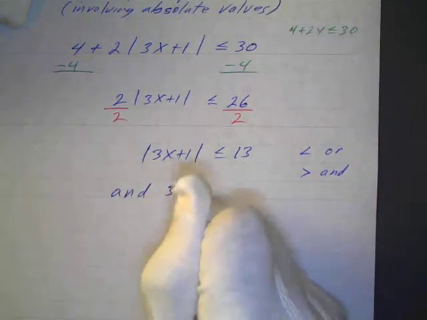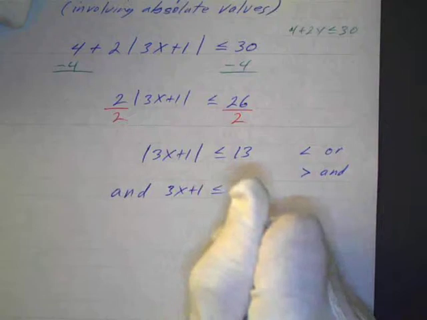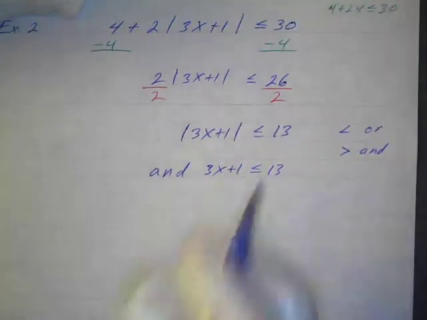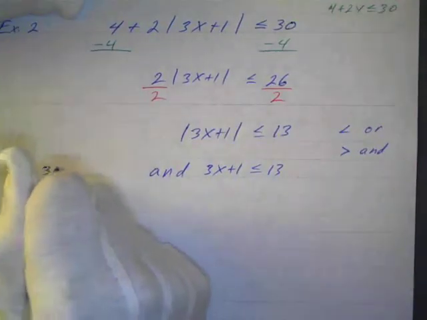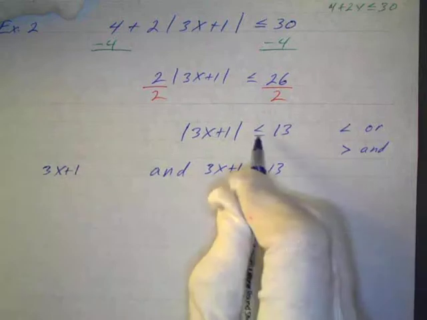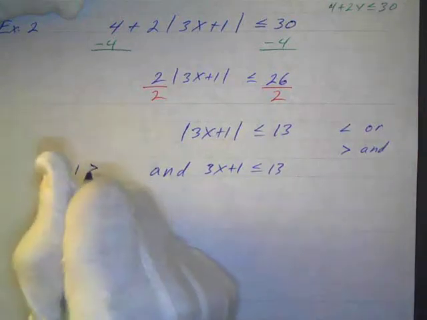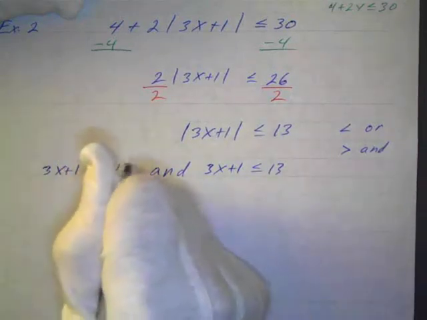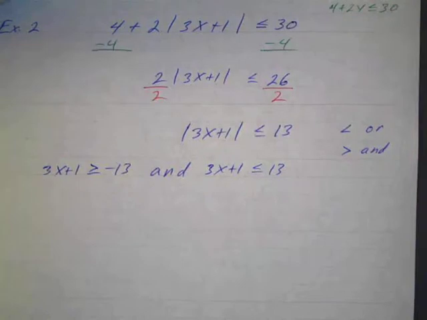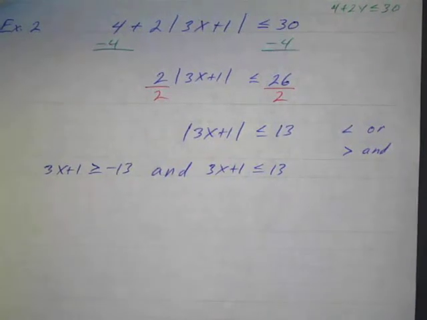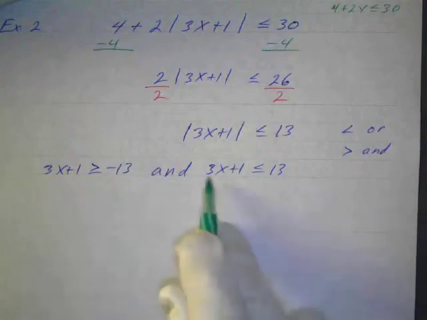3x plus 1 is less than or equal to 13. And then we write the inside of the absolute value, 3x plus 1 again, but then we reverse and negate, so this is going to be greater than or equal to negative 13. And then we just solve both of these. Since the left side is the same, we're going to do the same operations to isolate the x.